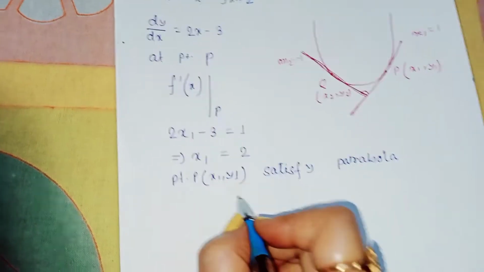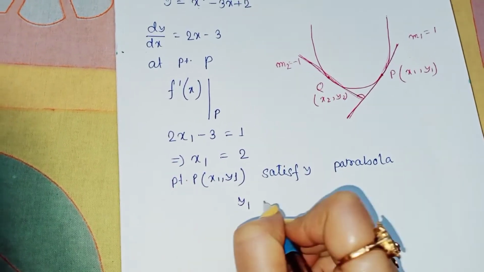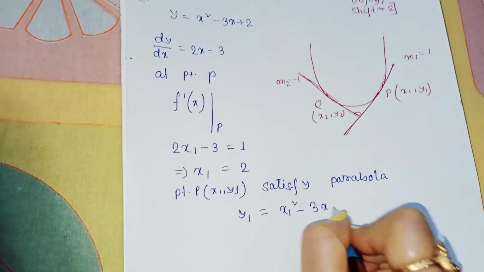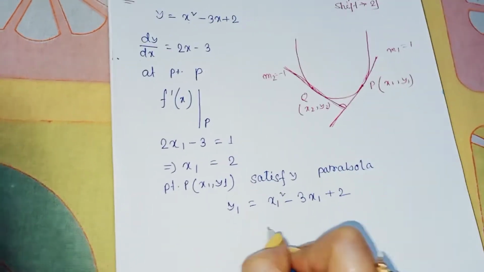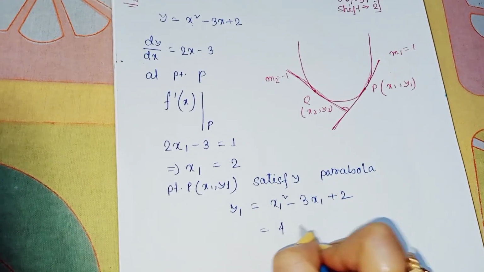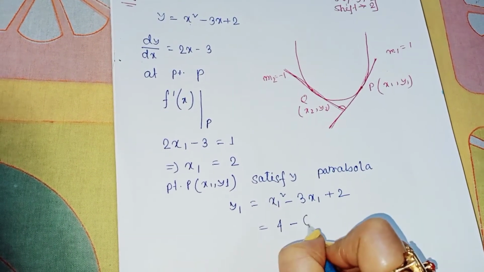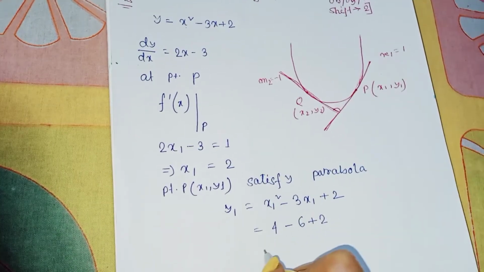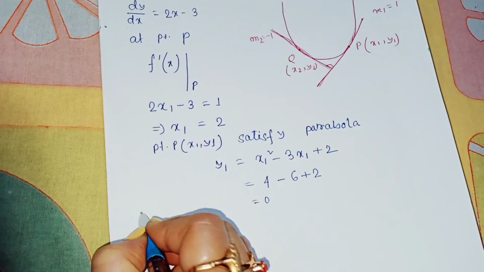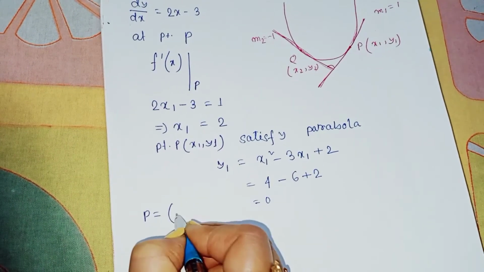Now putting x1 is equal to 2, it is 4 minus 6 plus 2, that is equal to 0. So the point P is 2 comma 0.